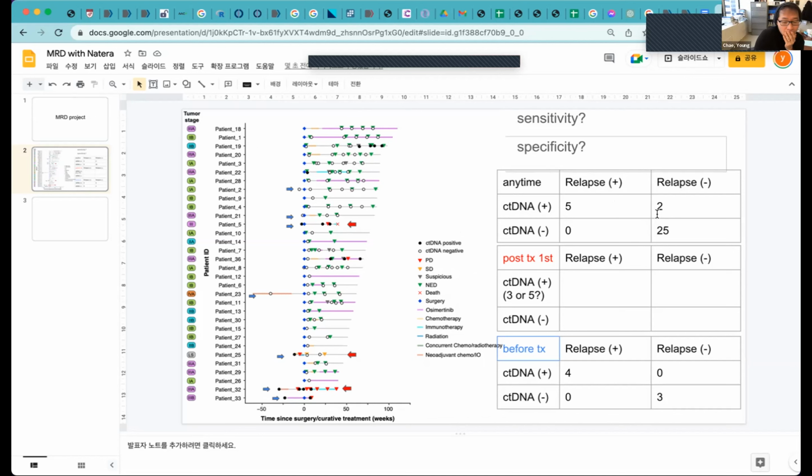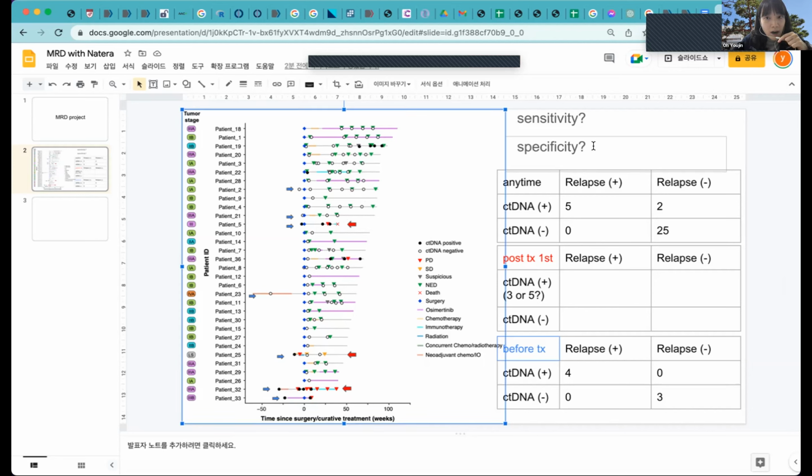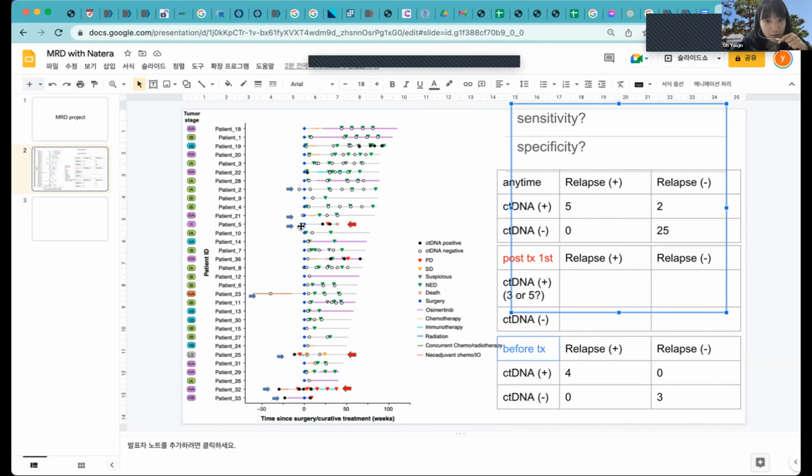But I noticed some papers only consider ctDNA positivity at the first time point after curative treatment. So I'm wondering whether it is feasible for us to do that, because for example, the patients marked with a red mark, I'm not sure how I can classify them.